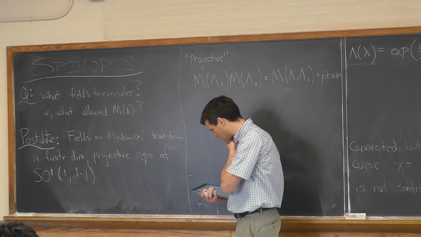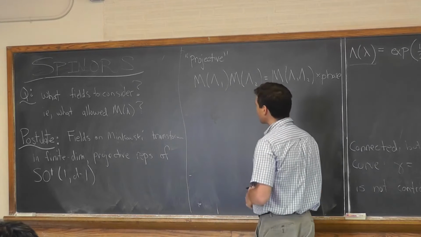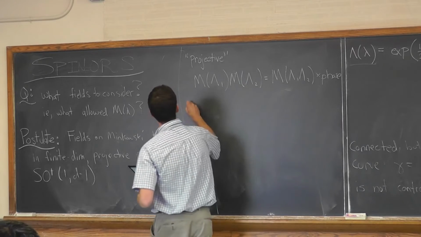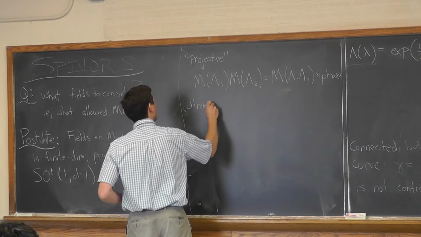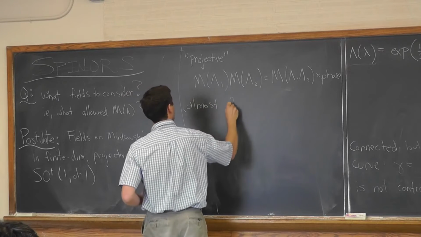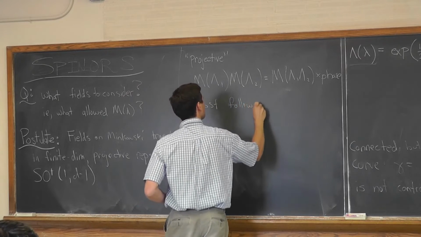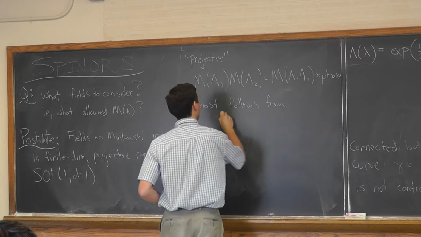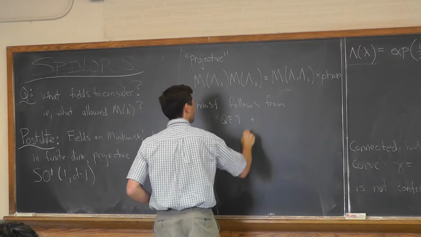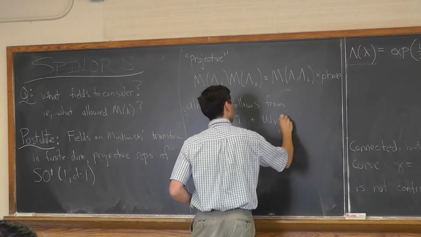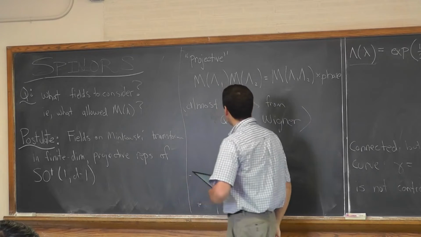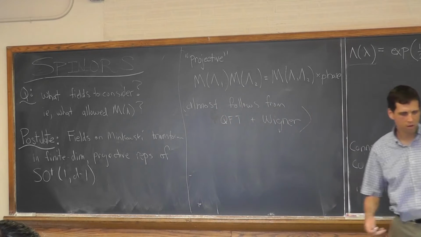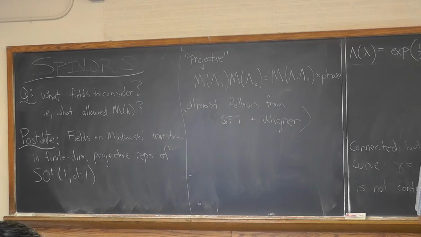So where does this postulate come from? Well, it almost follows from quantum field theory plus an old theorem of Wigner. The theorem of Wigner about quantum mechanics in general says that symmetries have to be realized as unitary or anti-unitary operators acting on Hilbert space.